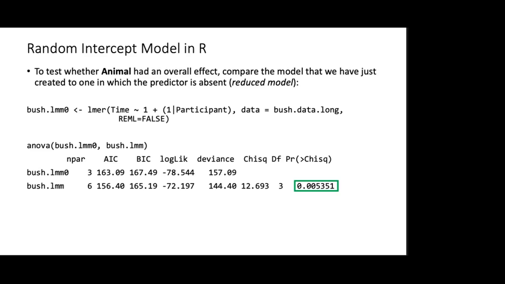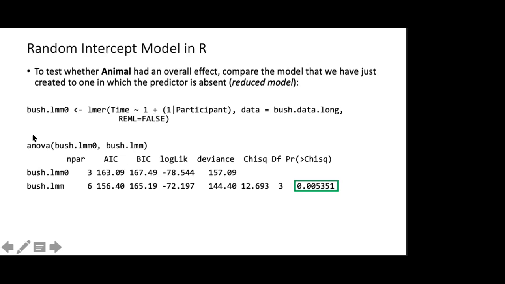In this case, we want to test the effect of animal, so we define a null model that does not have the animal effect. This is a so-called intercept model. It has no predictors that code for animal, so animal is replaced by 1. And then we maintain the random term, the random subject intercept.